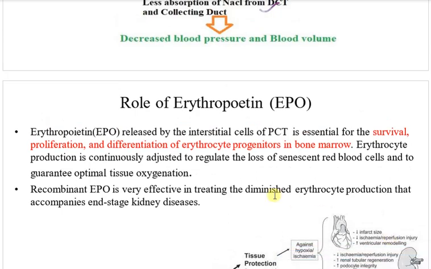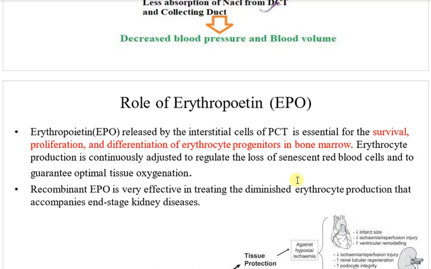So what is that? This erythropoietin is the main hormone which helps the erythrocyte to grow, and it helps the erythrocyte or RBC to carry as much oxygen as possible.